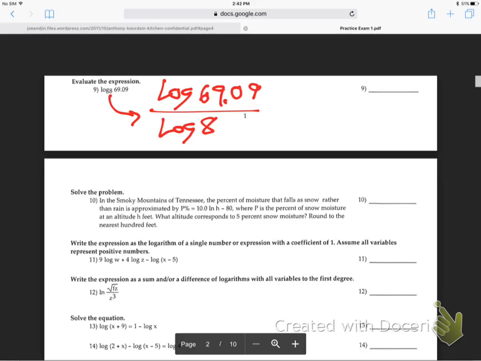Write the expression as a log of a single number. How do you take several logs and put them into one? See what that's saying? It's saying express it as the log of a single number or letters. They want you to make it a single log. How do you squeeze all that into one log? Where does this 9 go?